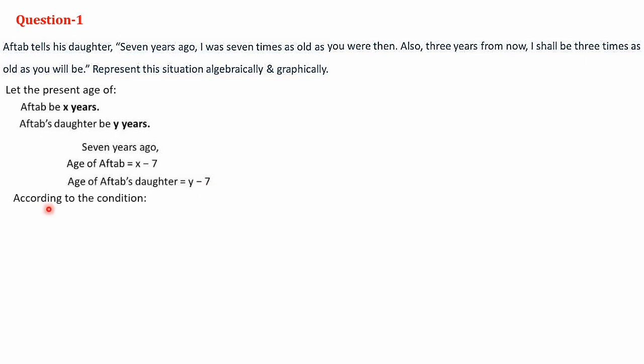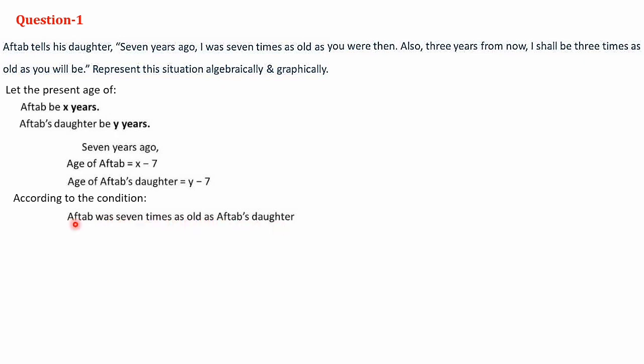According to the first condition, 7 years ago their ages were x minus 7 and y minus 7. I was 7 times as old as you were, means Aftab was 7 times as old as his daughter.